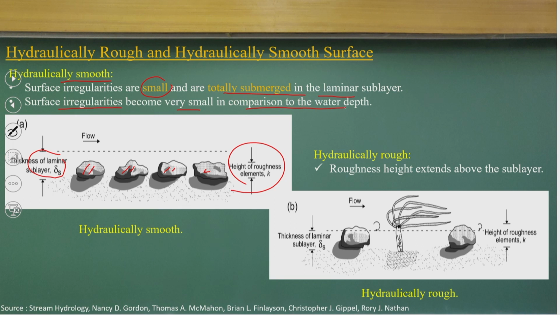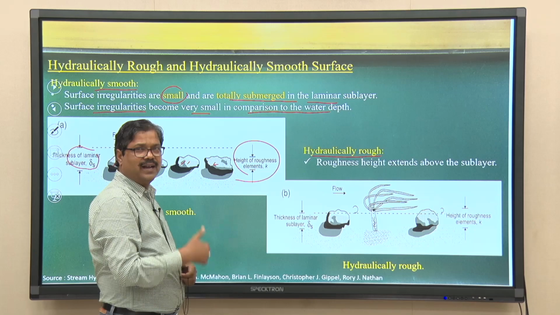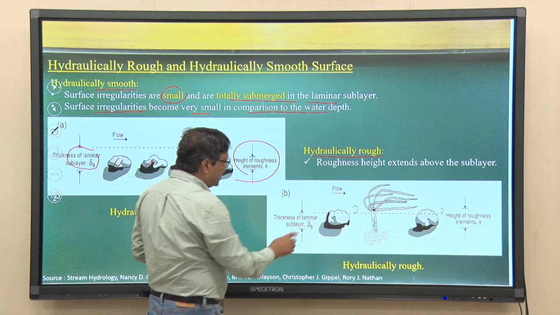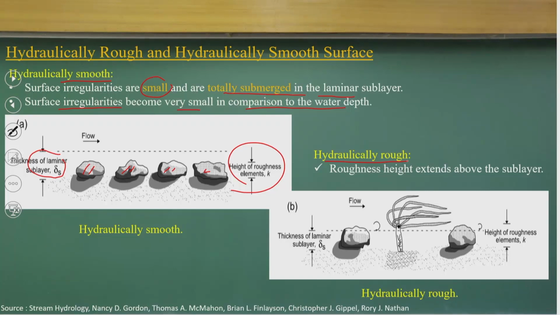But in the cases which so often happen in river flow, which are called hydraulically rough conditions, the roughness height is more than the thickness of the laminar sublayer.